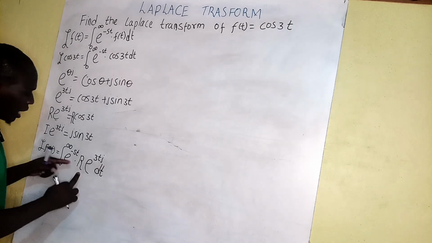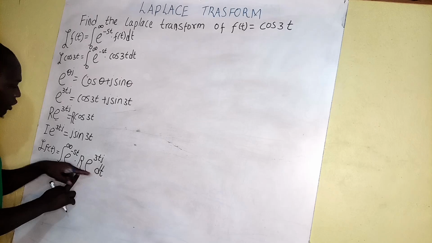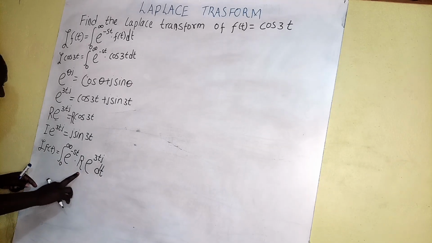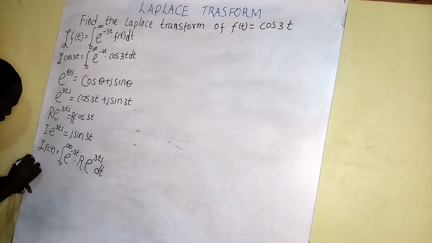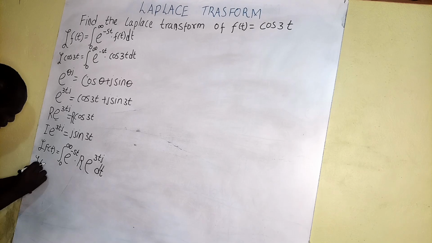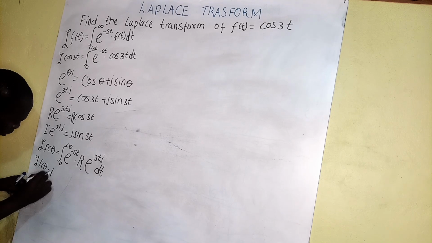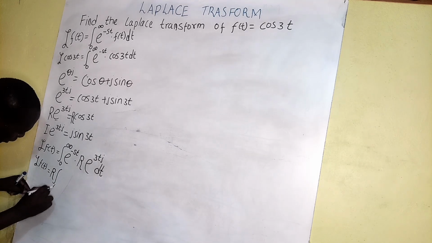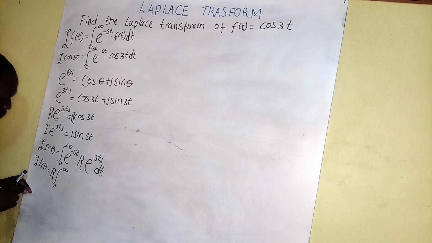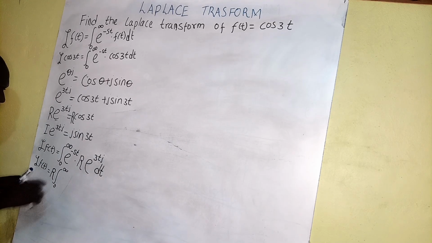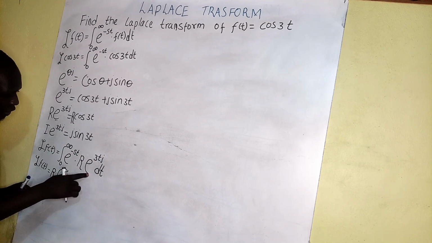This means R is not a function of t. We can factor R out, and we are going to have the Laplace transform of f(t) equal to R times the integration with respect to our limits of the exponential.